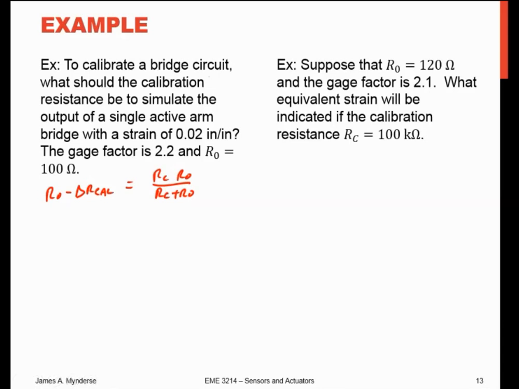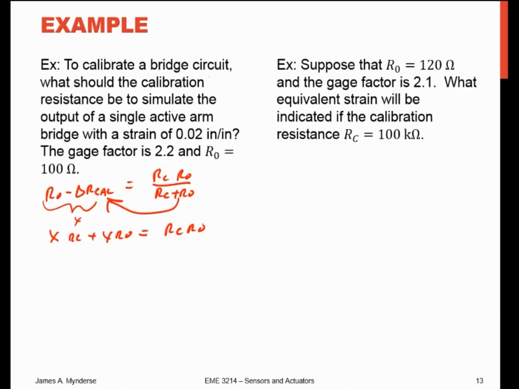Excuse me, that's just the parallel equivalent of those two resistors, that change in resistance. Again, I'm going to make this equal to X for simplicity. I can rearrange that: X RC plus X R0 equals RC R0. I just brought this over.